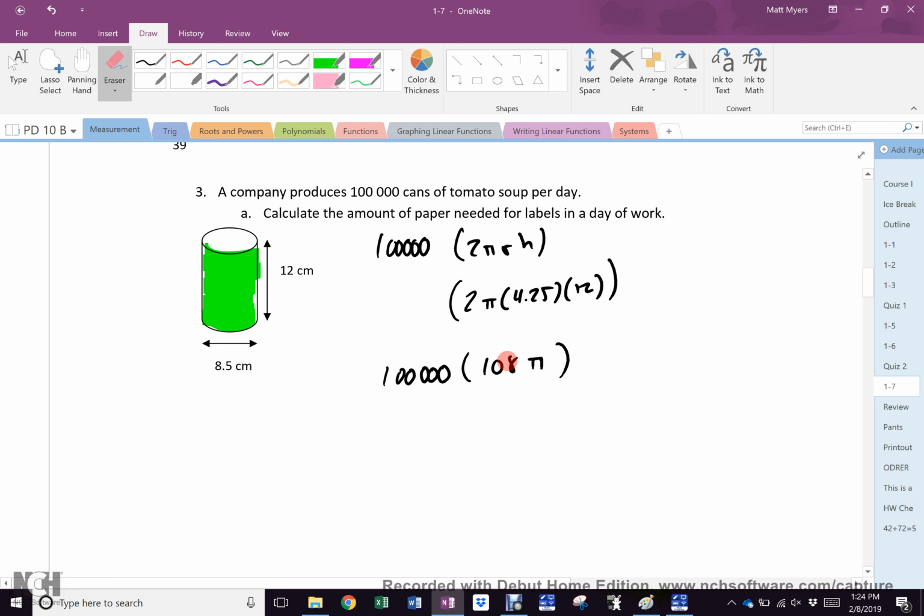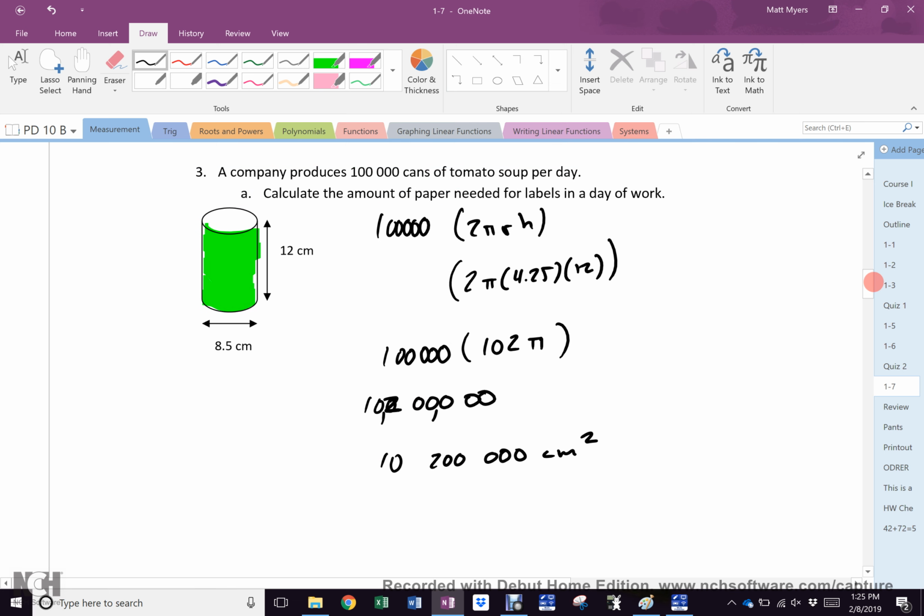I'm sorry, it is 102 pi. And then you add 5 zeros, so it is 102, and 1, 2, 3, 4, 5, which is 10,200,000 centimeters squared. Pi. You can't forget pi.